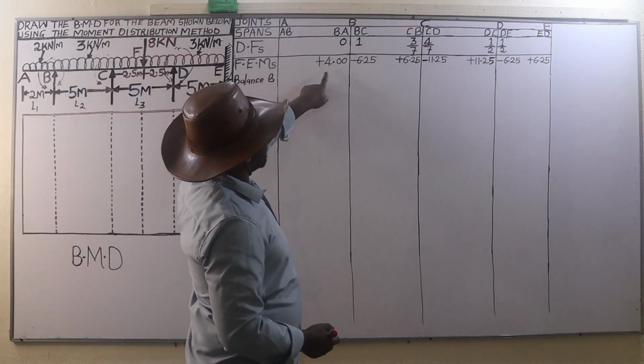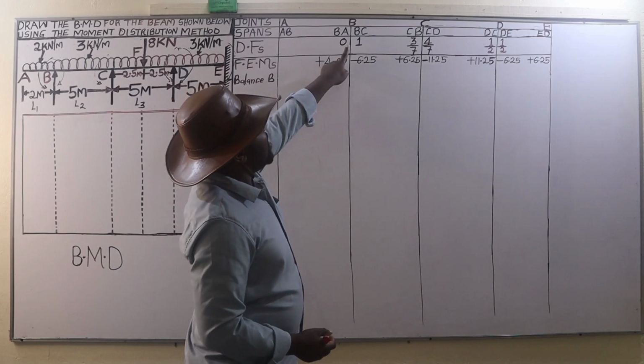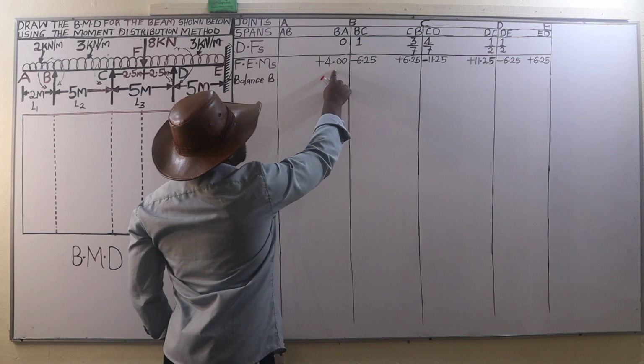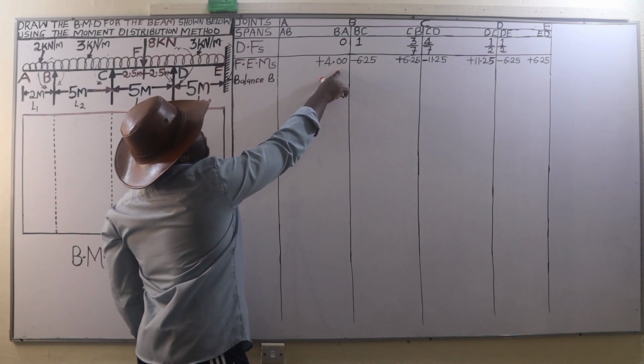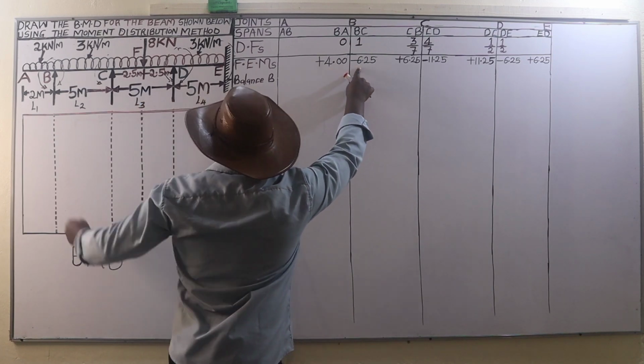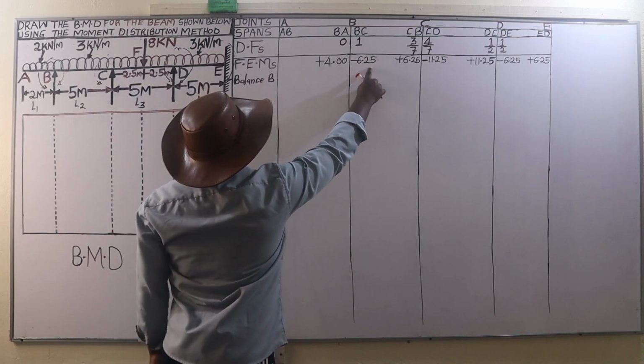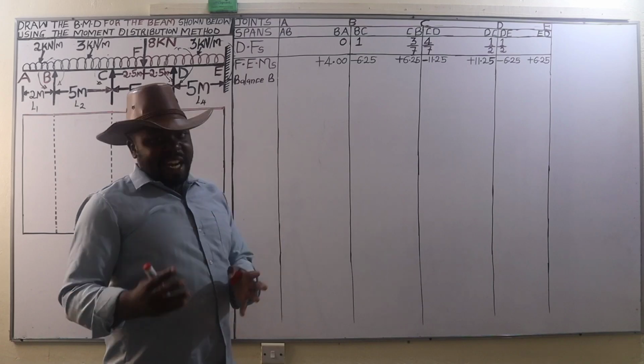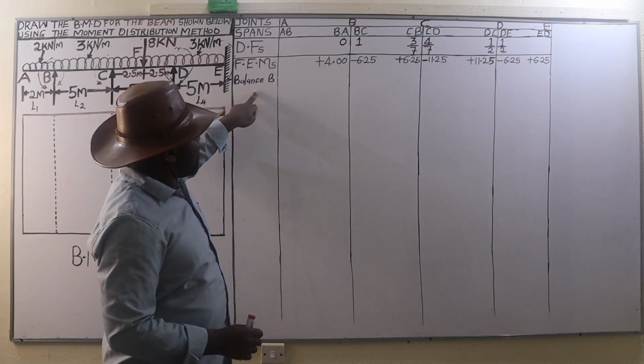So when we look at the joint B, on the left hand side we have an anticlockwise moment of 4.00 kilonewton meter and a clockwise moment of negative 6.25. So we have an unbalanced moment, and therefore we must balance that.